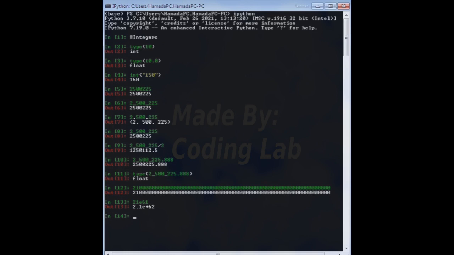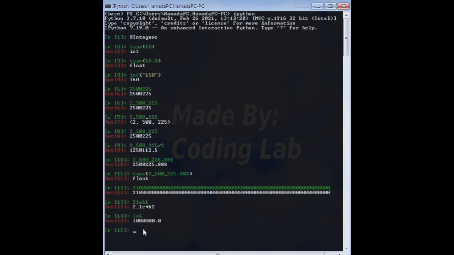For example, 1 million. 1 million means 1 multiplied by 10 to the power 6. So we write it 1e6. So it's 1 million, 1 and 6 zeros. And this representation using E notation, this is a float.